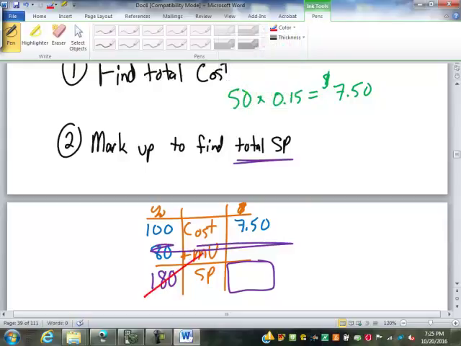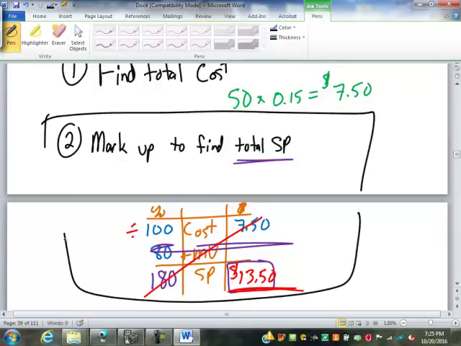So we're going to do 180 times 750 divided by 100, which is going to give us what? $14.50 or $13.50? $13.50. That is our total selling price. We need to get $13.50 out of these donuts to make our markup. So this is something we've already done. This is the old stuff that we did the first hour and a half of class.